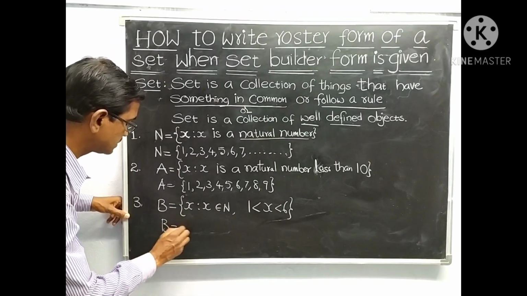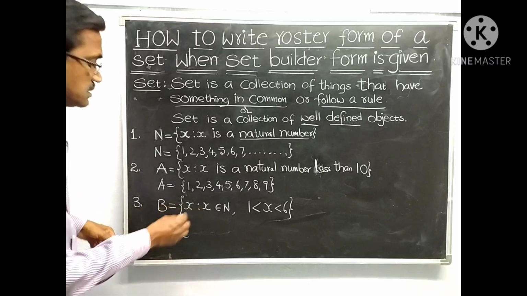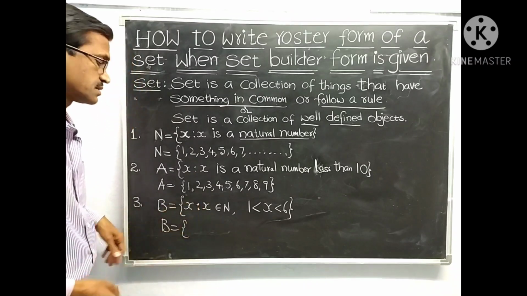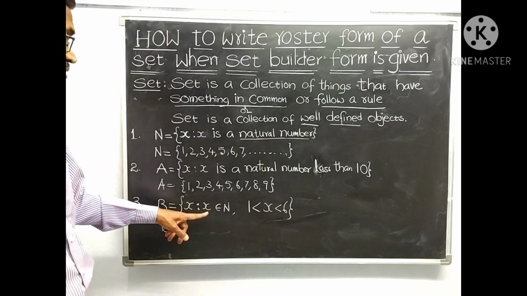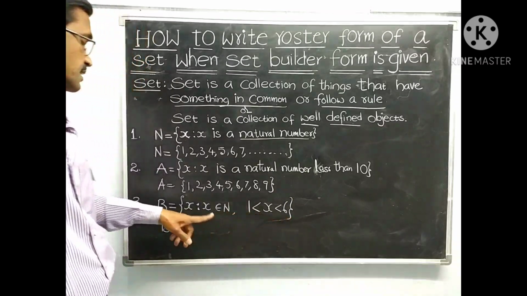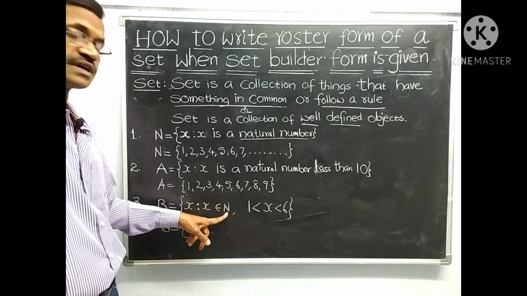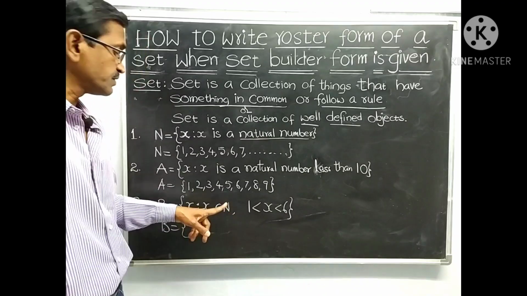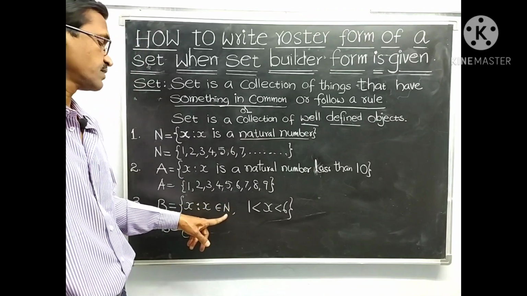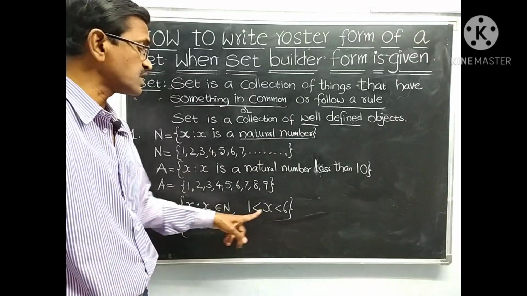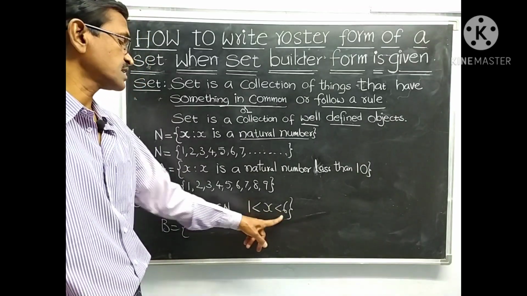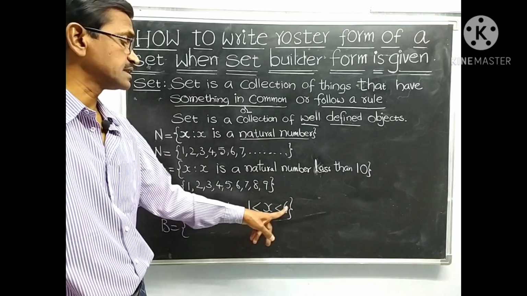B is equal to {x such that 1 less than x less than 6}. The symbol such that means every element should have this property. That element should be collected from the natural number set, and we should not collect all the numbers. We have to collect between 1 and 6. This is an inequation, 1 less than x less than 6.